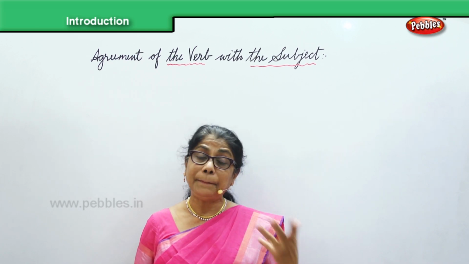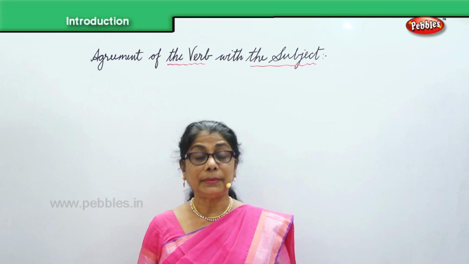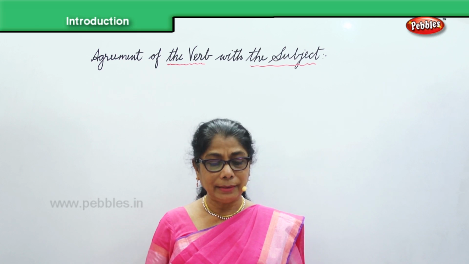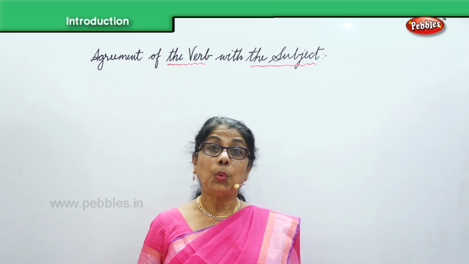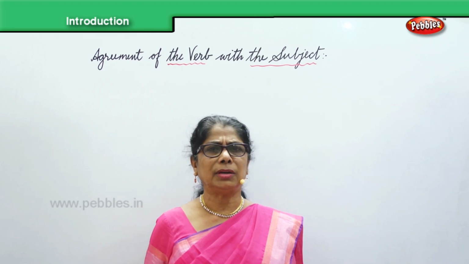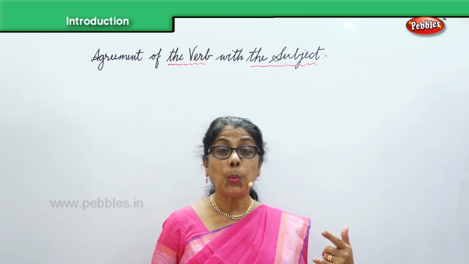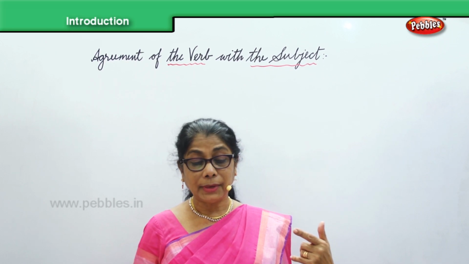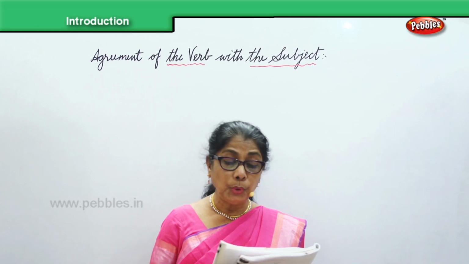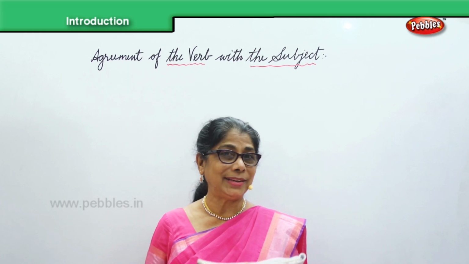Now, there are three persons we know: the first, second, and the third. Now, when I read, I read. We read. And I say, I talk. If there are more than one person, then we say, we talk. Now, for second person, we say, you talk. And in plural, you will say, again, you talk. You don't change.